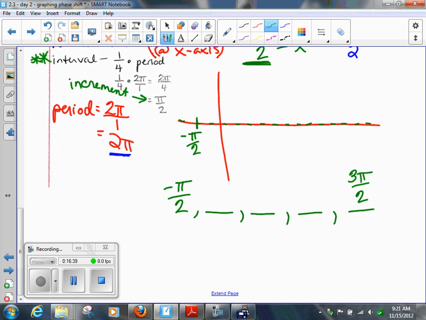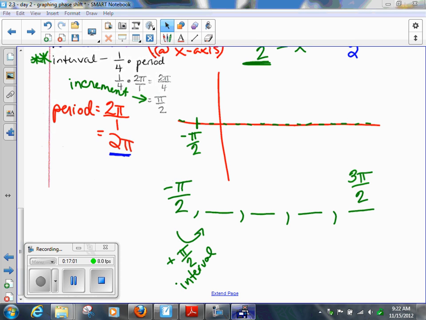Okay? So I'm going to say negative pi over 2 plus my interval. What's negative pi over 2 plus pi over 2? 0, right? Calculator. You guys are just looking.